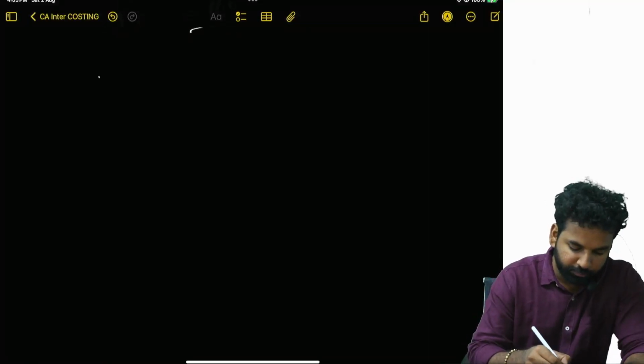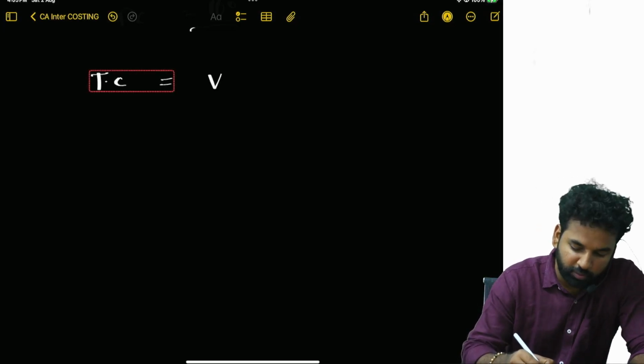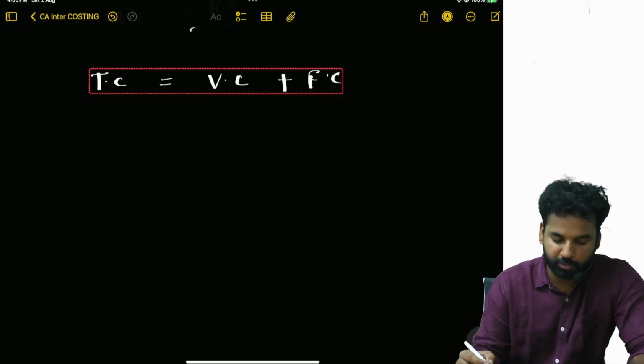So you know that total cost is equal to variable cost plus fixed cost. Correct? Right.